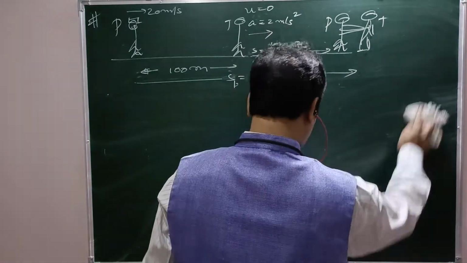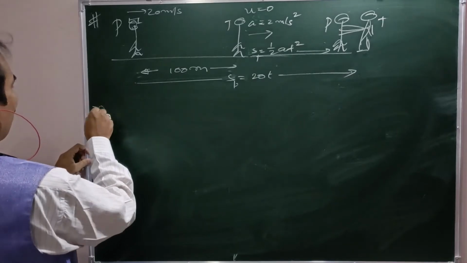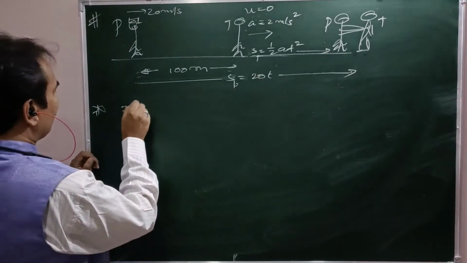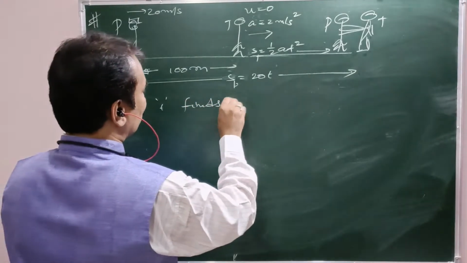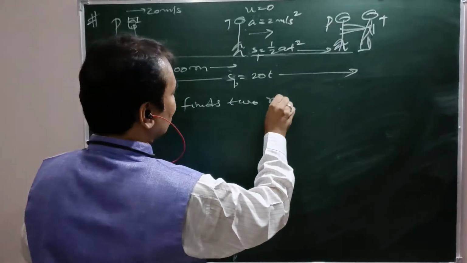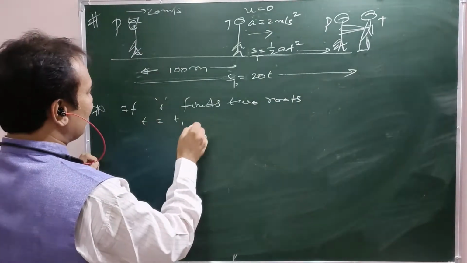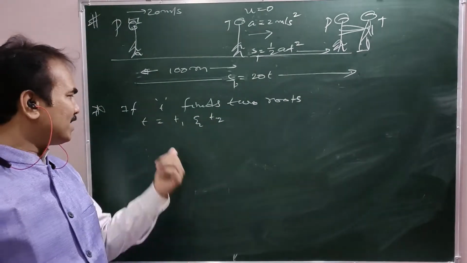What is the inference here? First point: if t finds two roots, T1 and T2, what is the meaning?